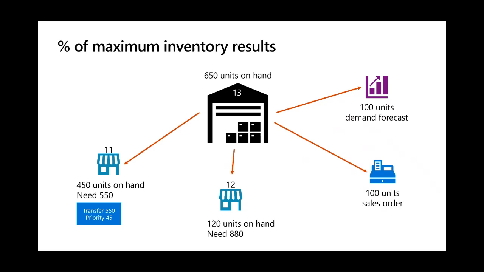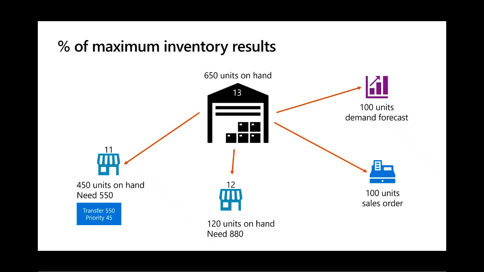Just a reminder again that we will not trigger a transfer requirement with priority-based planning unless the projected on-hand inventory is below the reorder point. So if my inventory in this case was 600 units on hand, that's above my reorder point of 500, so I wouldn't get a master planning signal to do a transfer.